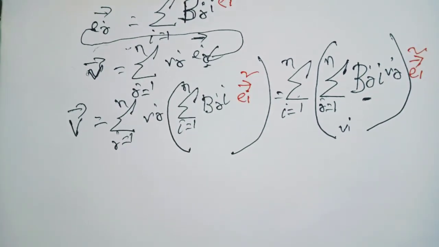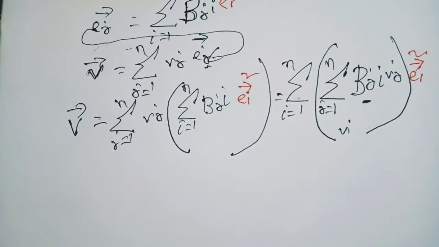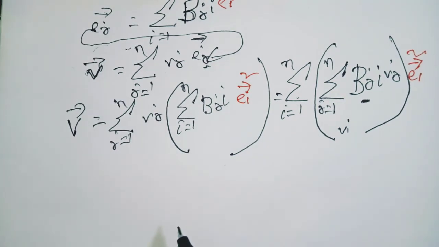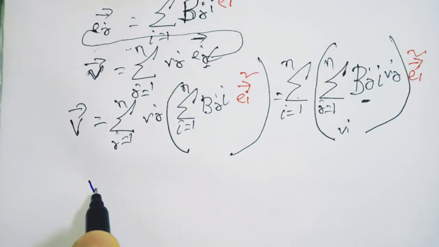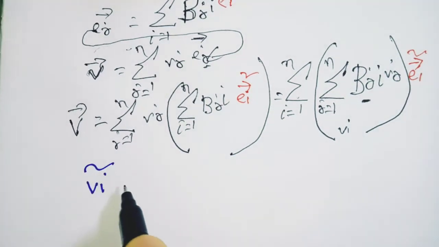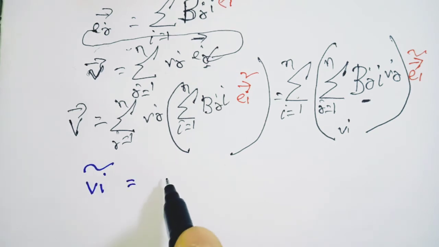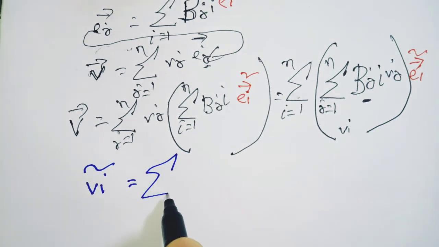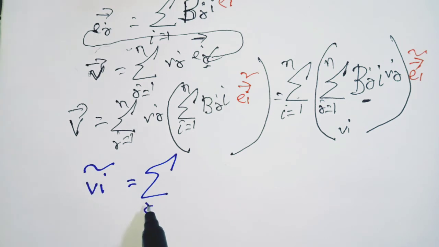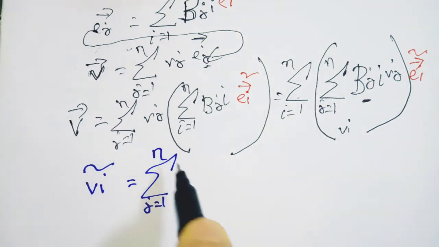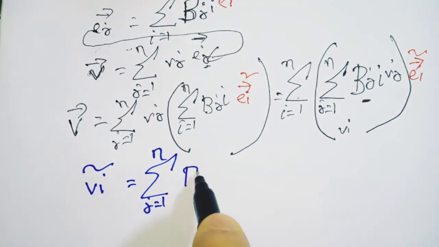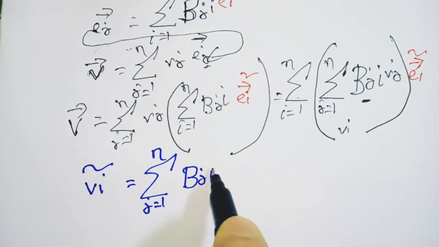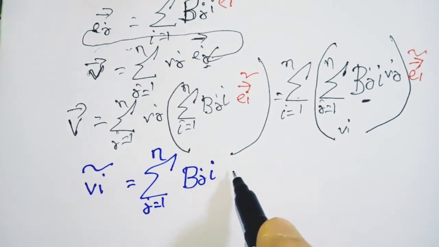So now I can write it in blue as a summary: vi tilde equals sigma of j equals 1 to n, then we have used backward, so bji vj, right?